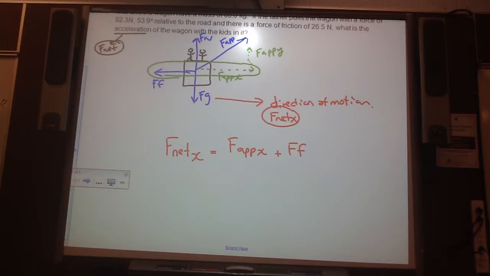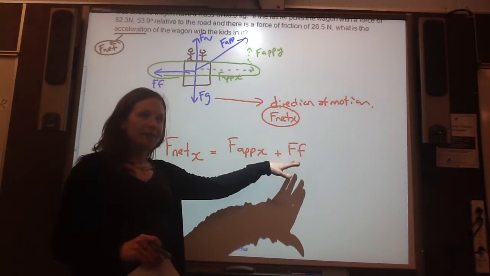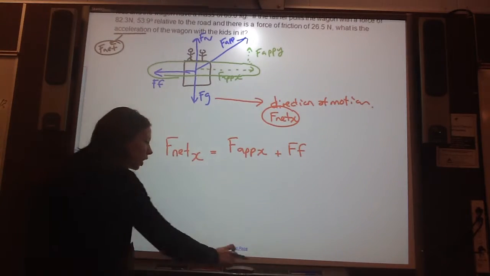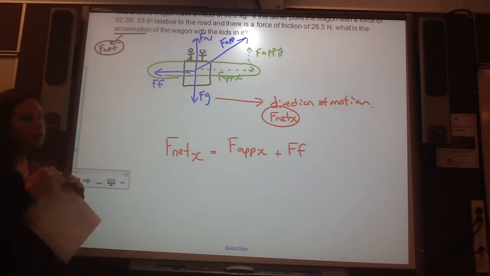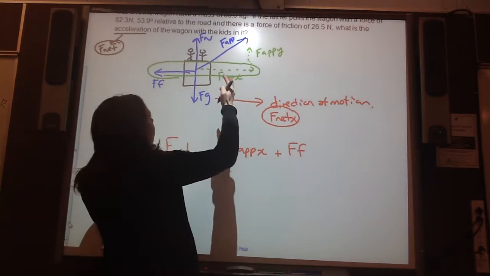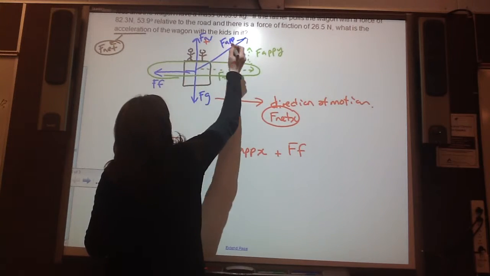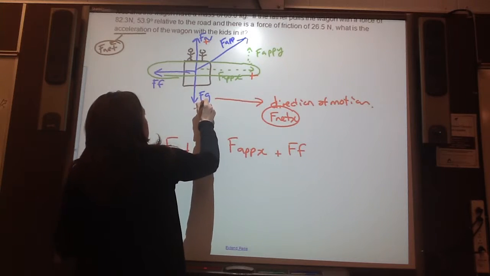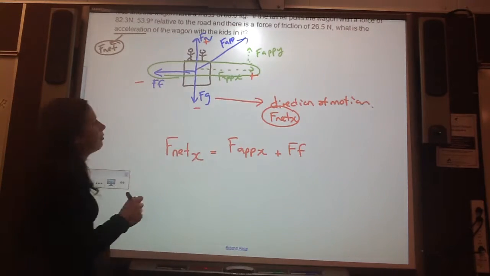Now, some of you on your test, you did not set FF to negative. If you're struggling with that, I would like you to set it right away. When you look at your free body diagram, FN you know is positive, F app this way is positive, FG is negative, and FF is negative.